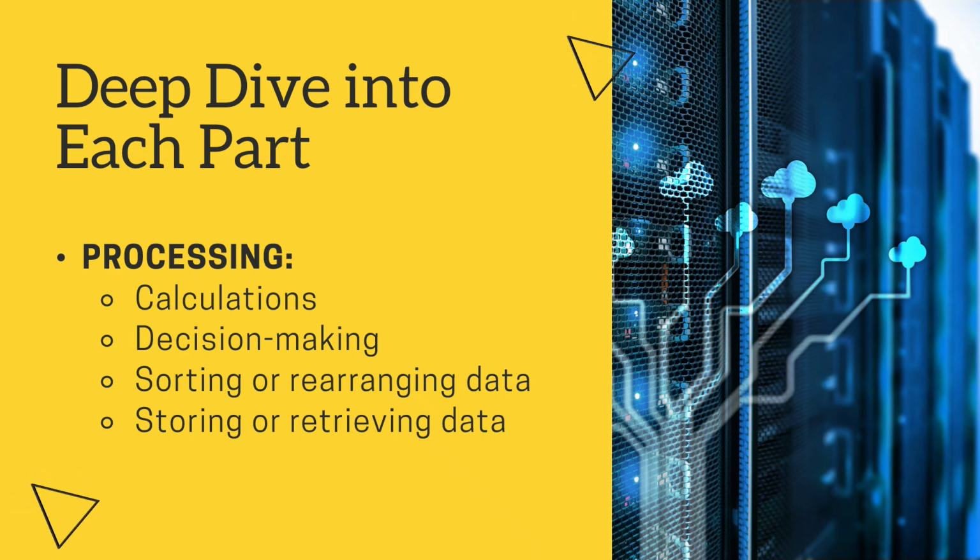It can be comparisons, like A equals B. Sorting or rearranging data is part of processing. Storing or even retrieving data from memory or a database is processing. This is the brain work of the program. Without the processing, inputs are just numbers and words.